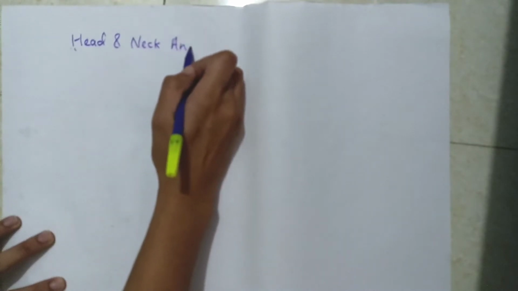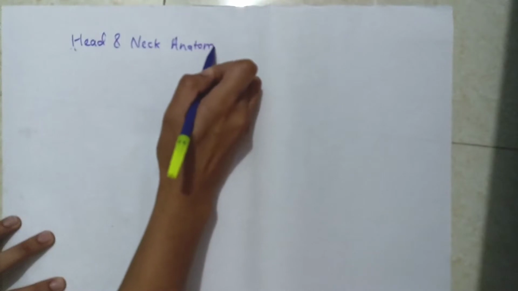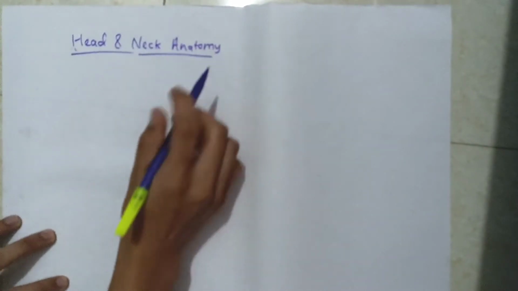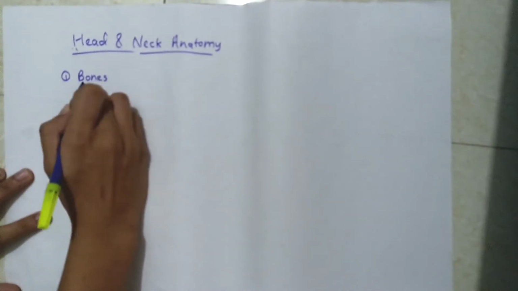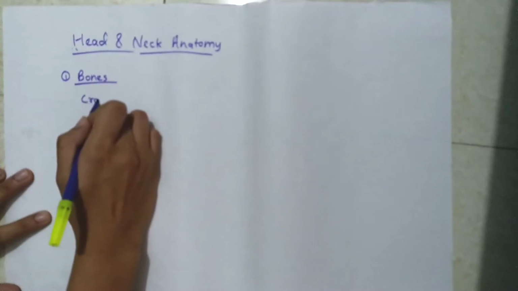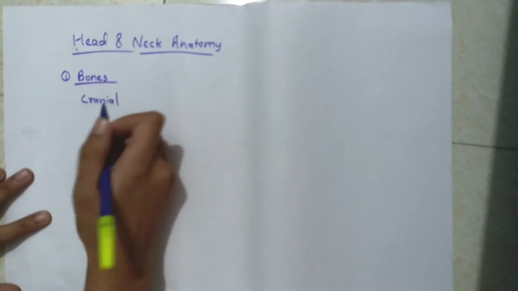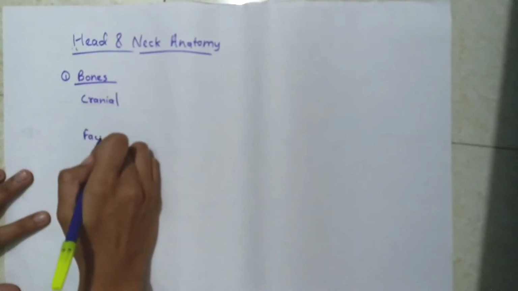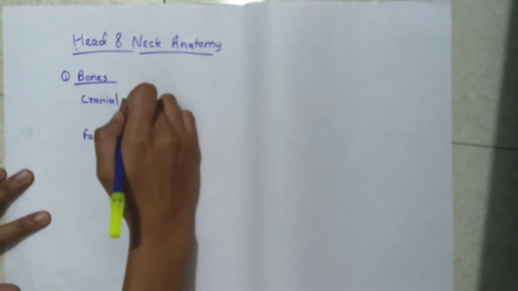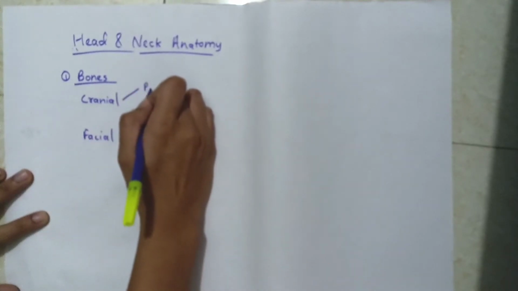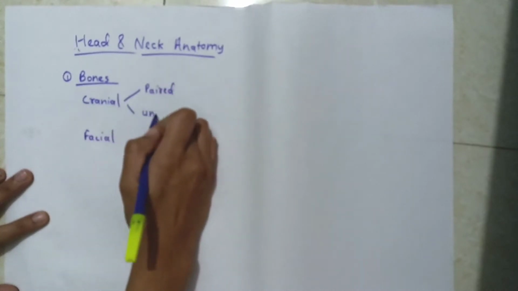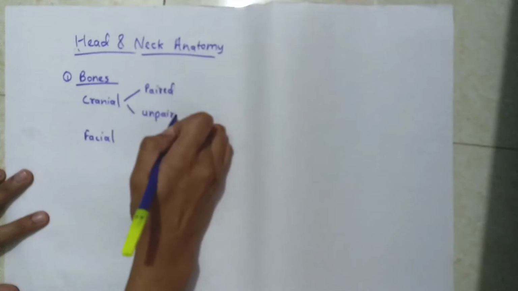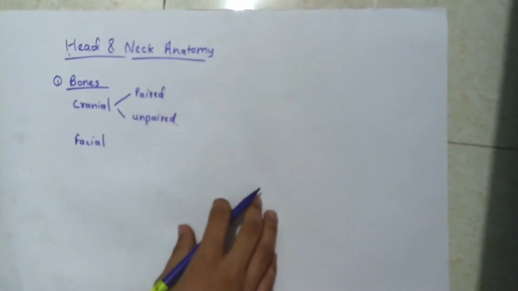So in head and neck anatomy, first of all we have bones. We have cranial bones, then we have facial bones. In the cranial we have paired and unpaired. So let's name the bones.